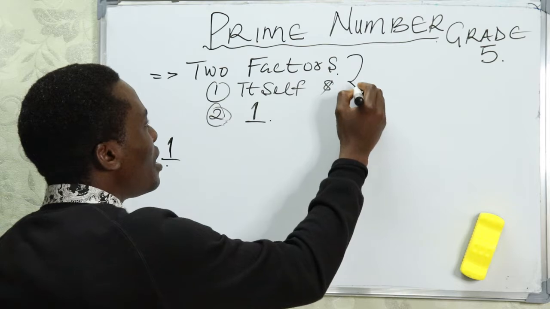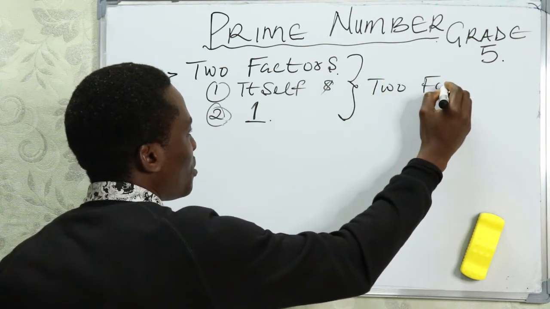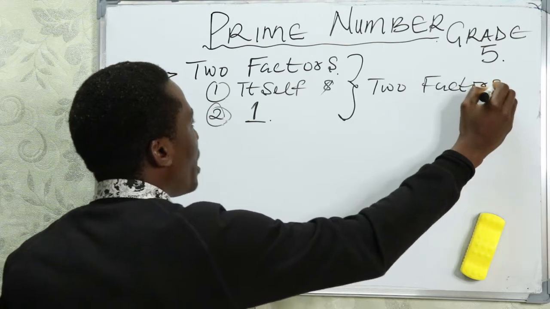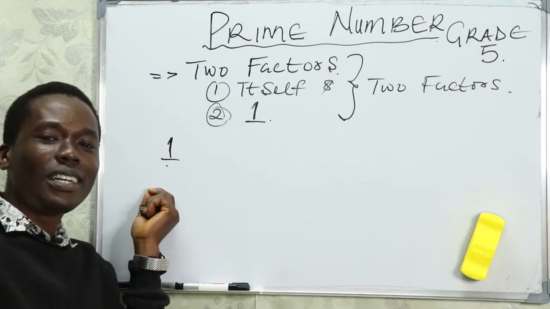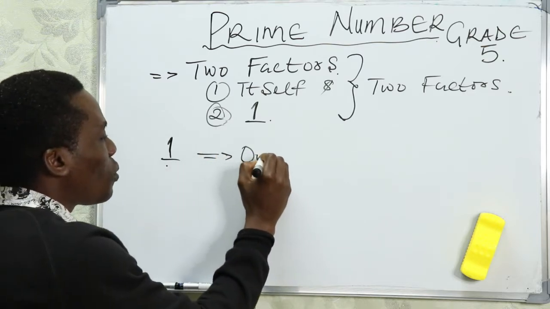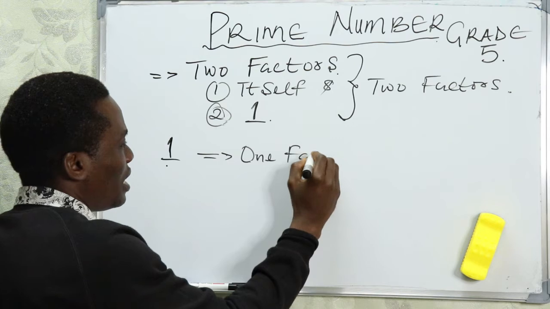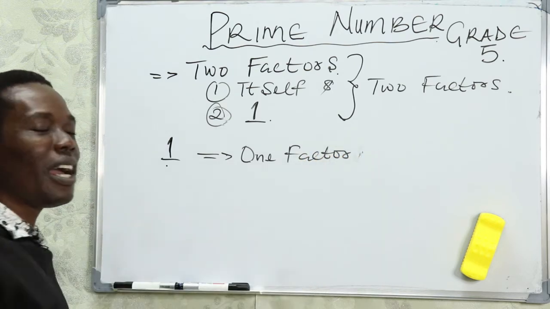So that means any prime number must have 2 factors. Now let's talk about 1. How many factors does 1 have? The number 1 has only one factor. And as such, it is not a prime number.